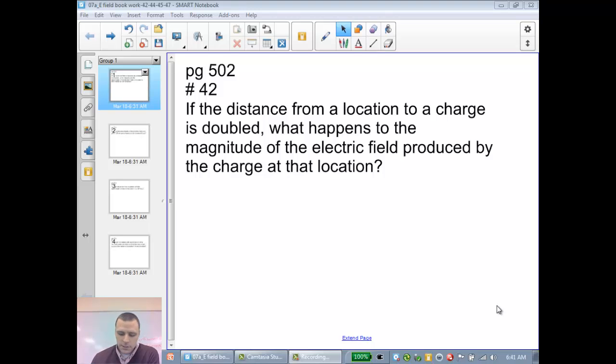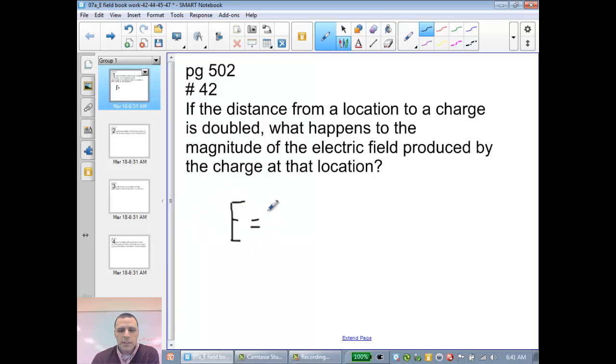To answer this, we need to look at the equation for electric field strength due to a point source, and that's E equals K Q over D squared. By looking at this equation, we can see what happens if we change the distance by a factor of 2.